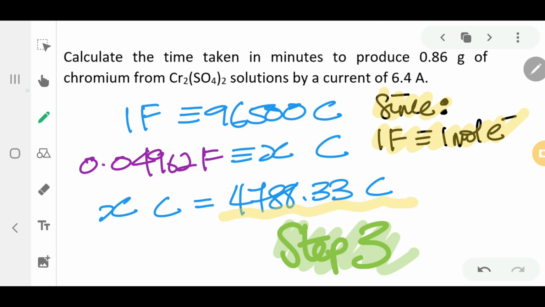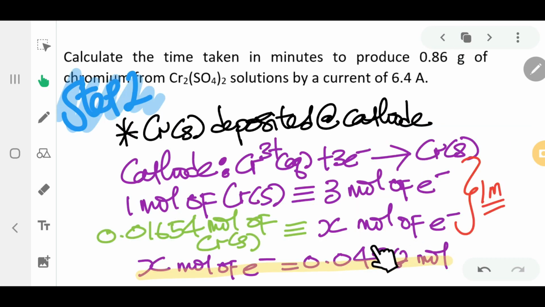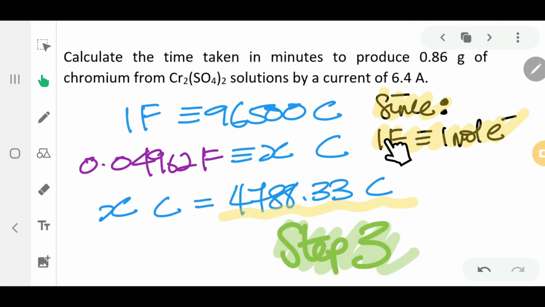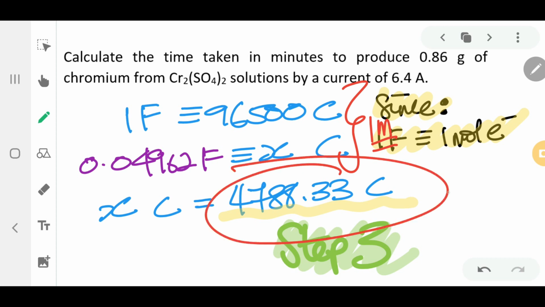And then since 1 Faraday equals to 1 moles of electrons, and you're going to use this relationship again, we have found out the Faraday, the number of mole over here just now, number of mole of electrons. Do remember, number of moles of electrons equals to 1 Faraday. So you're just going to write 1 Faraday over here. So you get 1 mark, and you'll get the coulomb right here, 1 mark.